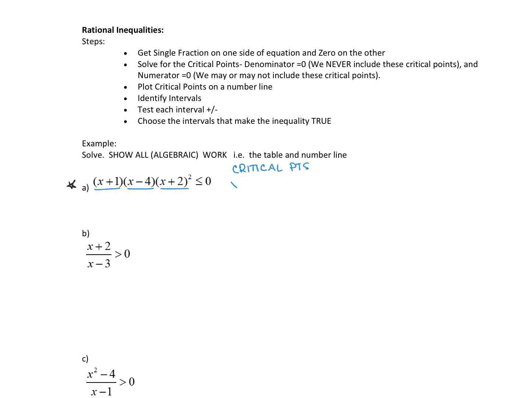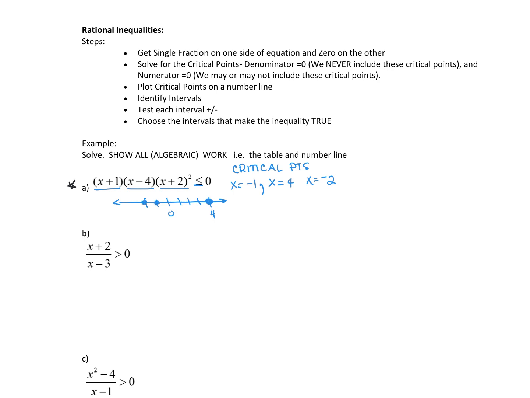So we can say our critical points are negative 1, positive 4, and negative 2. Then I mark those on a number line. So here's 4. I'm going to make it solid because we have this equal to bar. Negative 1 and negative 2.